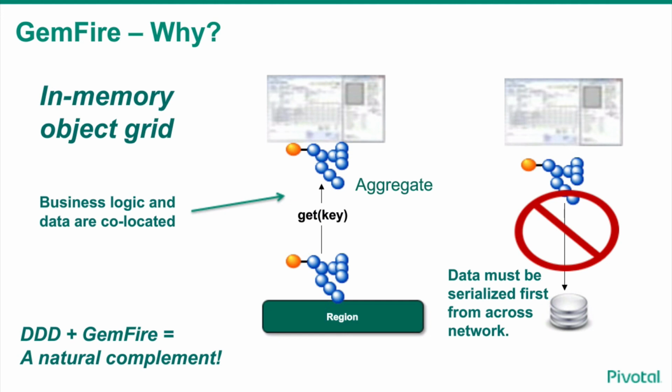So my business logic and data are co-located. It's an in-memory object grid. We don't have to do, as on the right of the screen, where I have to hop across the network to a non-object store like Redis or a relational database, and then stream that data, and then populate my object before I do anything. And so that's reason one I'm using GemFire.